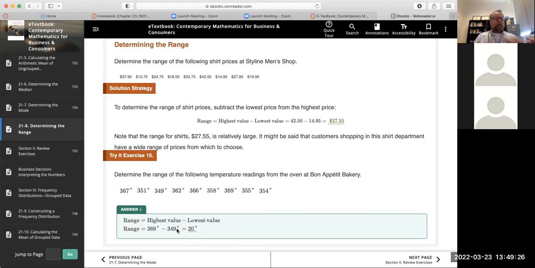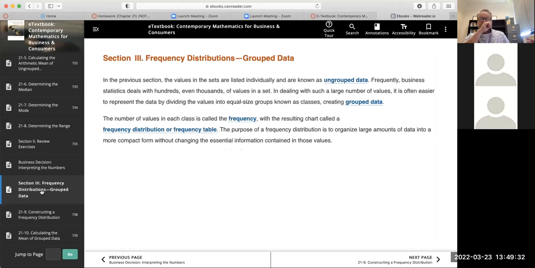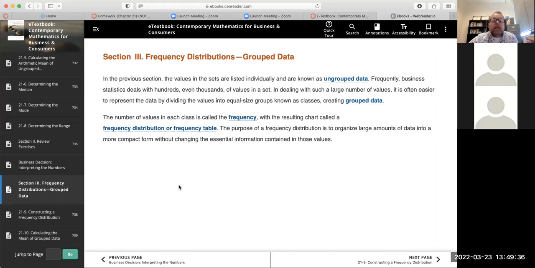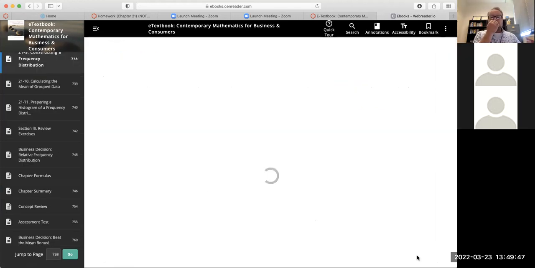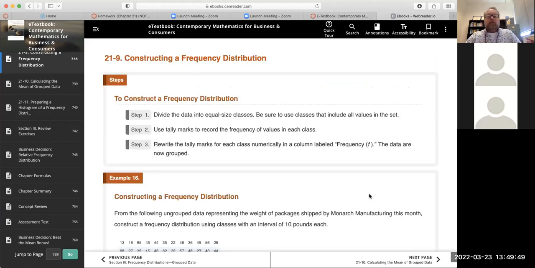Those are pretty simple. All right, the only other thing I had you do, I believe, is to do a frequency distribution. So this is section 3, 21.9, 21.8. And frequency distribution, all it is, it demonstrates or shows where all your data lies and into which window. So for instance, I'll show you an example.